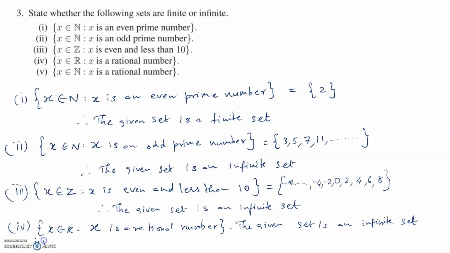And the last one, which is x belongs to the set of all natural numbers such that x is a rational number. Again, this will also go up to infinity. So the solution is the given set is an infinite set.